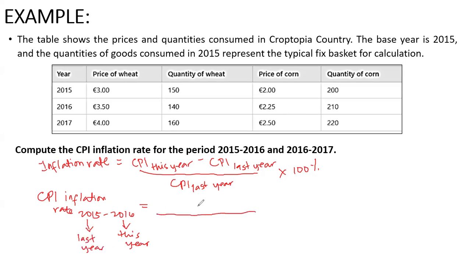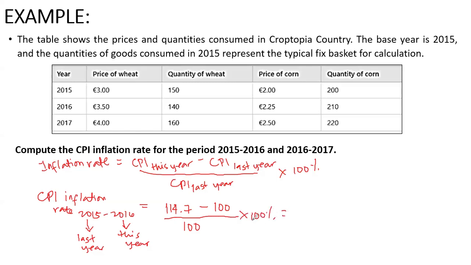Take note, based on our computation, the CPI in 2016 is 114.7, while the CPI in 2015 is 100, and we divide by the CPI in 2015, that is 100, then multiply by 100%.